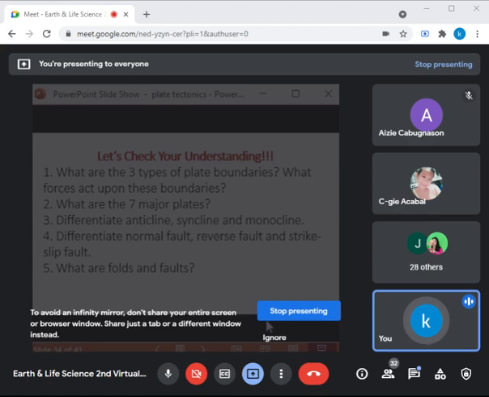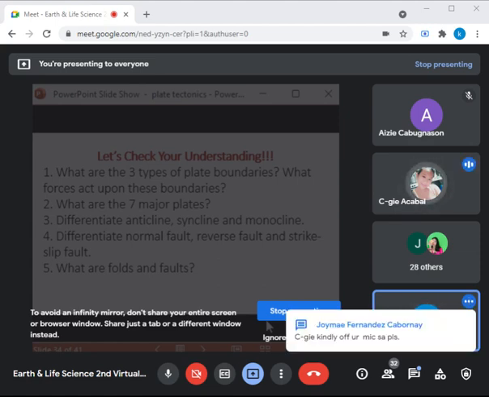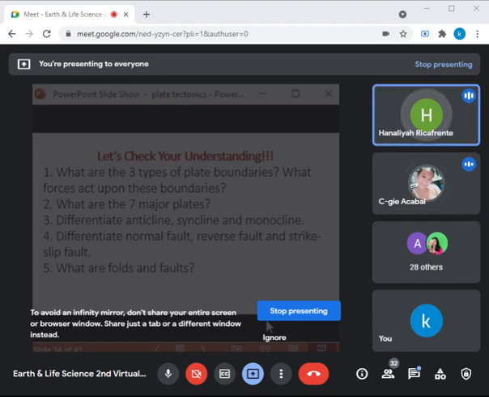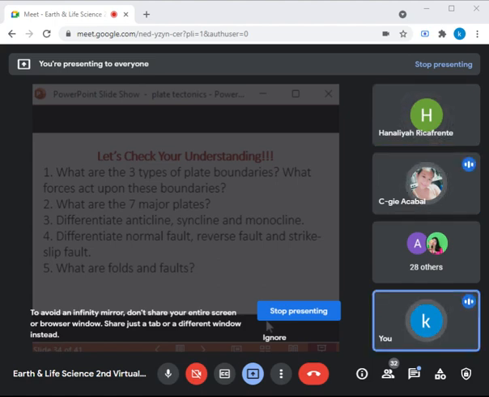Let's have kaning wala pa si Angie. Differentiate normal fault, reverse fault, and strike slip fault. Angie. Wala si Angie. Okay, differentiate kaning number four. Differentiate normal fault, reverse fault, and strike slip fault.